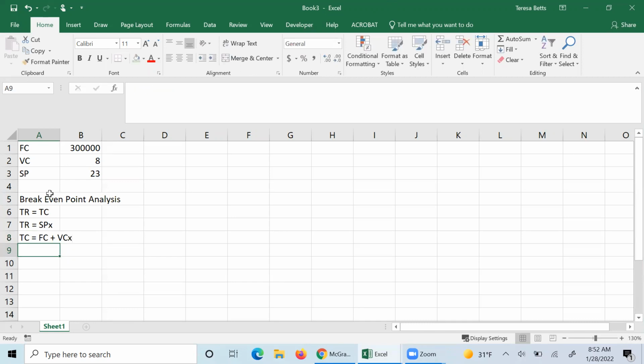When I set TR equal to TC, we get the sales price times the quantity sold equal to fixed costs plus variable costs times the quantity sold.